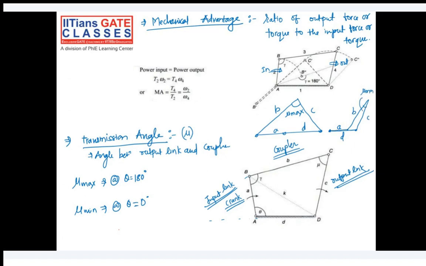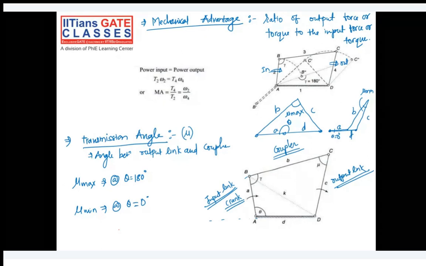Whenever the structure with the four sides converts into a triangle, we will end up with either the minimum transmission angle or the maximum transmission angle. So you should know these values of theta at which we will get the mu max and mu minimum.